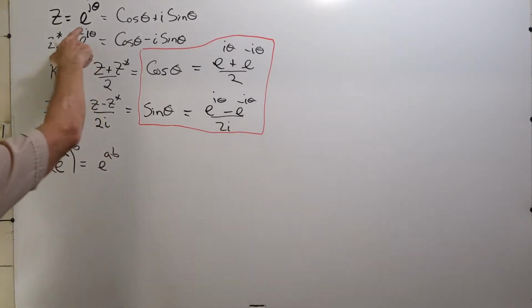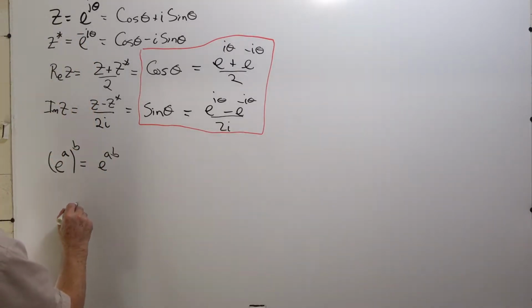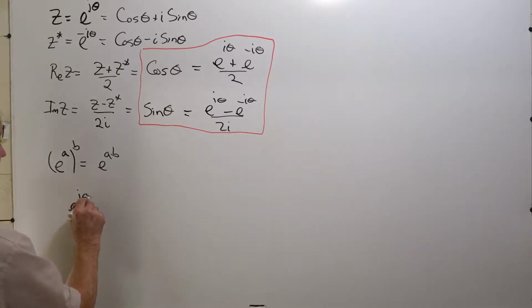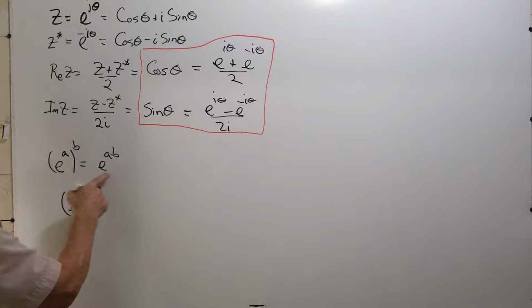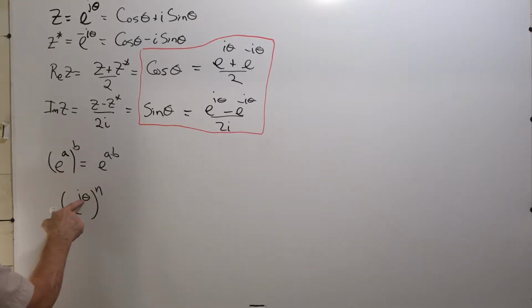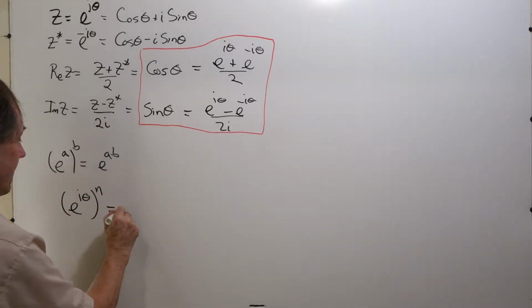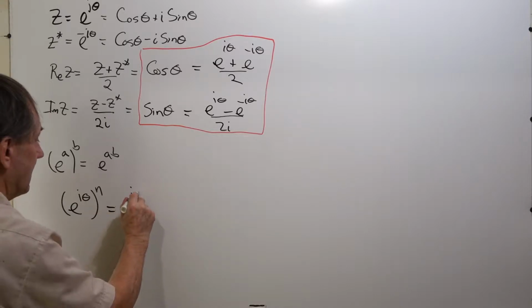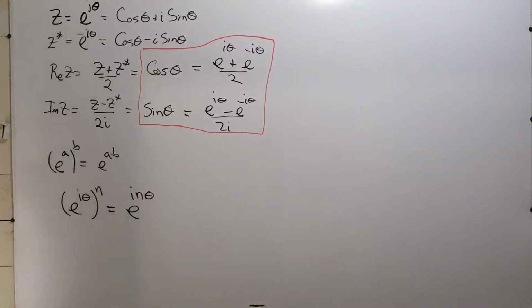Let's look at what happens when I raise e to the i theta to the nth power. Now, using the property of exponents, here's my a, here's my b. I can write this as e to the i n theta. Very important relationship, and this is very curious.